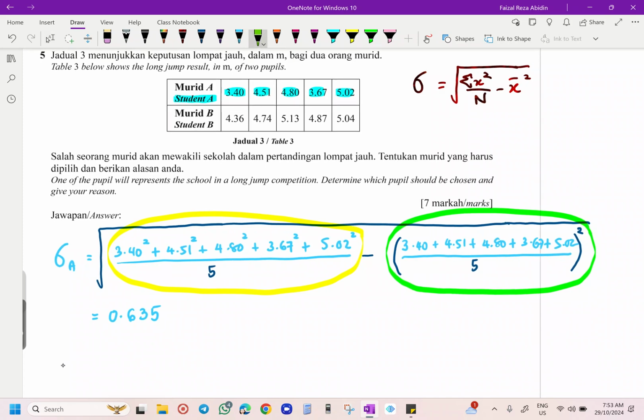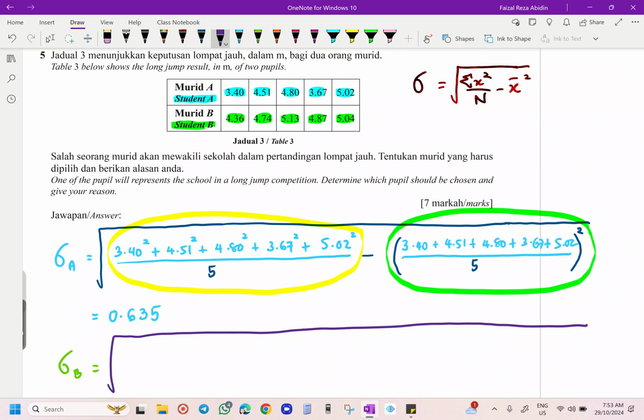Now we are going to do student B. If you look, you have every result there. We do the same square root.